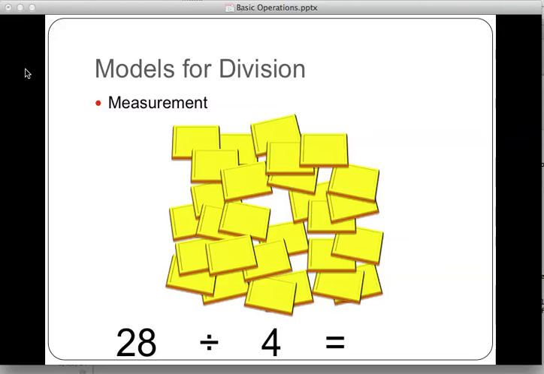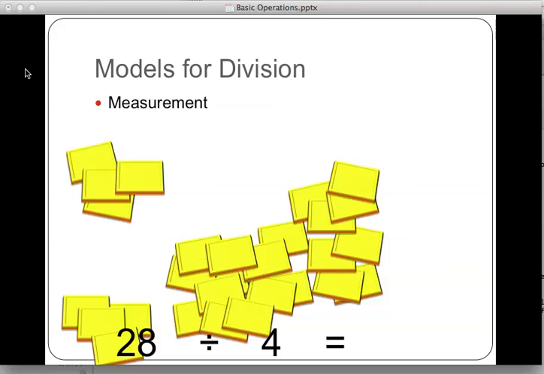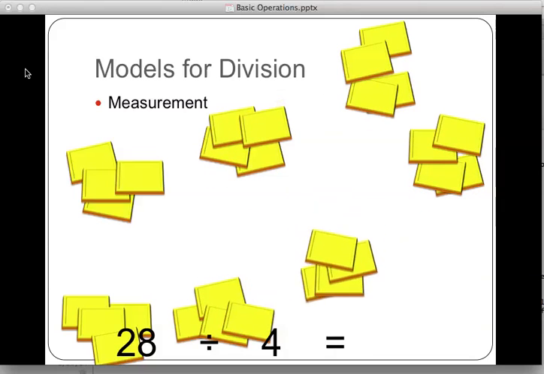28 divided by 4, in this example. To find the answer, if you didn't know it was 7, we could ask how many groups of 4? 28 divided by 4 equals 7. You know the answer to this, but think of how, if you had 28 objects, you could break them apart and show division.